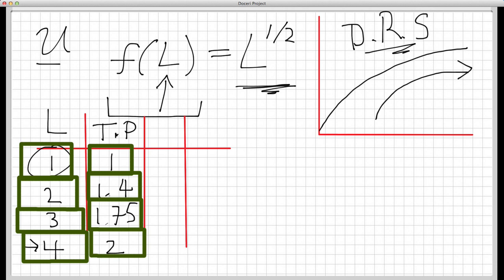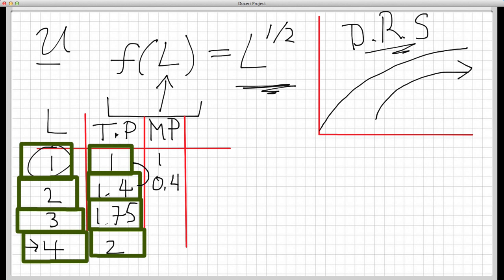Now given that, let's talk about marginal product. So we know from Econ 1 that the profit maximizing decision boils down to whether marginal benefit is greater than or equal to or less than marginal cost. So let's talk about the marginal product the firm gets. The marginal product of the first labor is just 1, but of the second is now 1.4 minus 1, which is just 0.4.